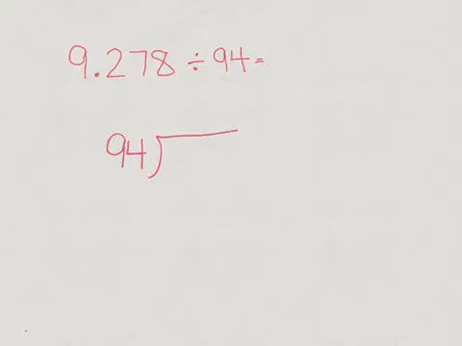All right, let's set it up. 94, 9.278. First things first, bring that decimal point straight up. All right, let's divide like a normal division problem. I cannot divide 9 by 94. So I need to move over to the 2.